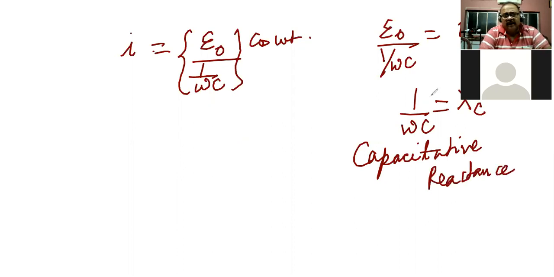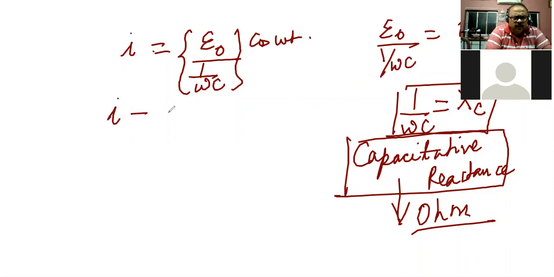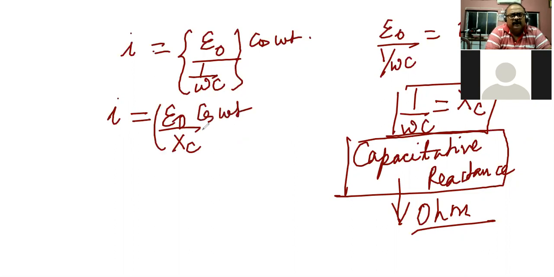So 1 by omega C is equal to XC, and this X suffix C is capacitive reactance, and it will also have the unit ohm. So I can obviously write I is equal to E naught upon XC into cos of omega t, and this E naught by XC is equal to I naught, as I have already told. So I is equal to I naught cos of omega t.